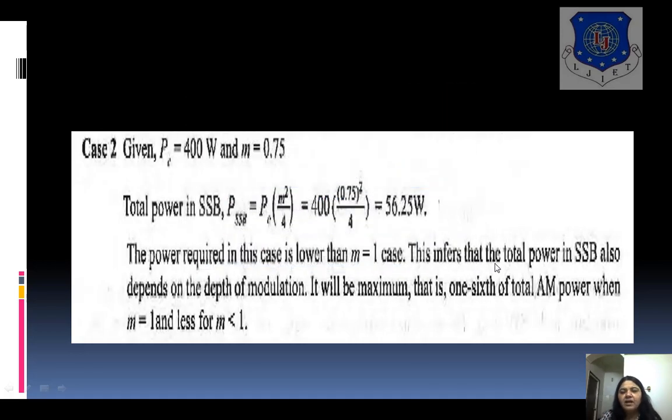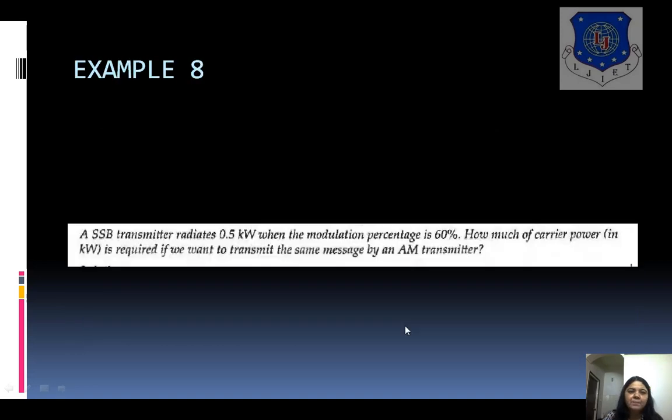So the power required in this case is lower than the m equal to 1 case, and this infers that the total power in the SSB also depends on the depth of modulation. We have also seen this thing in the theory part. It will be maximum, that is 1/6 of total AM power, when m is equal to 1 and less for m less than 1.